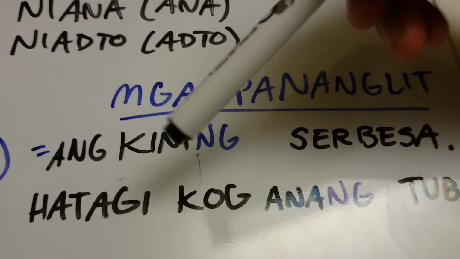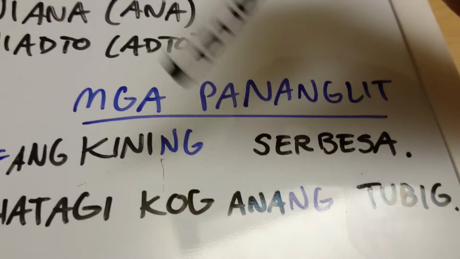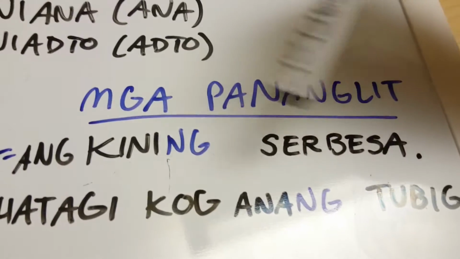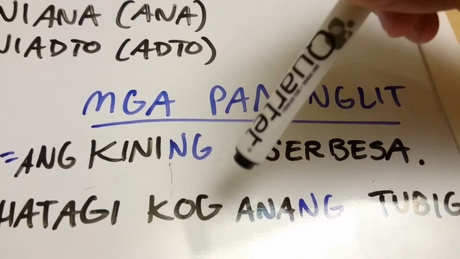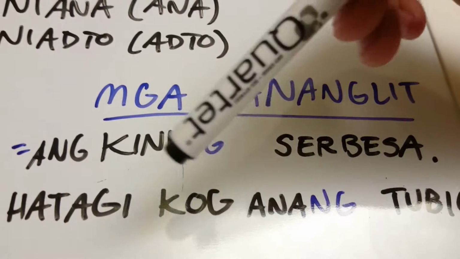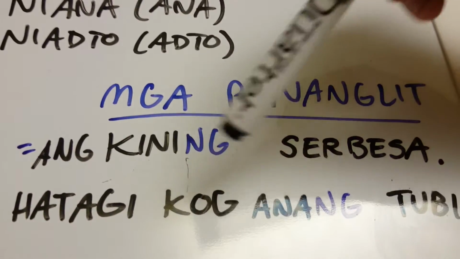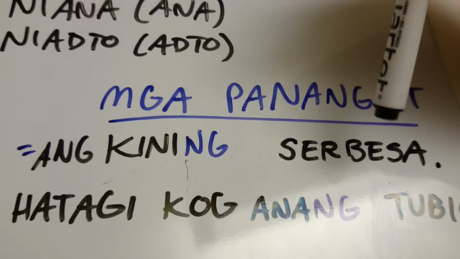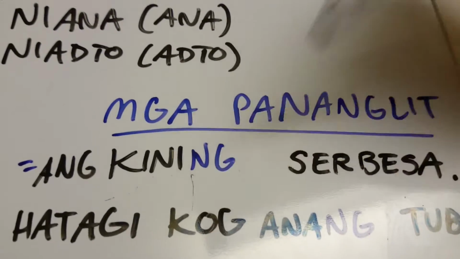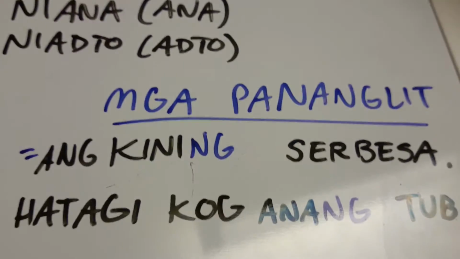And then this beer, but since kini and beer need some sort of ligature together, we use the nga ending, right? The nga ligature. Kini nga cerveza, this beer. Kining cerveza, which matters because it ends in a vowel, obviously.